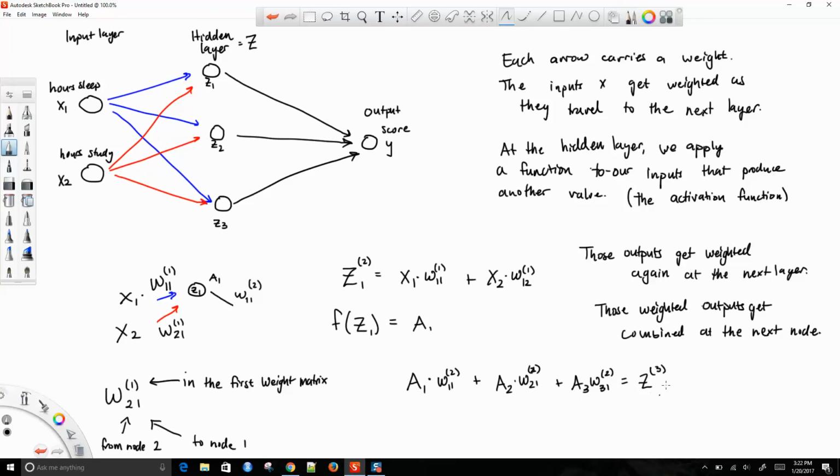If we combine all three of these we get Z3, and then we finally apply another function here to get our output. We apply the activation function again to get our output.